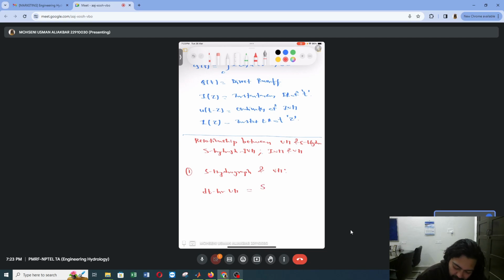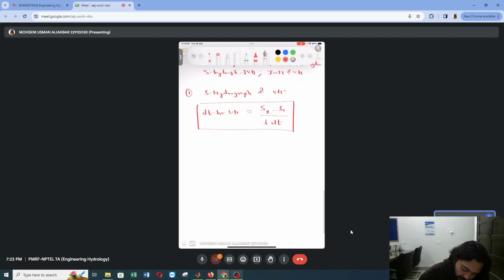We can get the S hydrograph for the first time duration, right? We call it S2 minus S1, that is the unit hydrograph. S1 is the S hydrograph when the time is 0, and S2 is when there is a time lag of t duration, divided by intensity, that is I, the effective rainfall times dt. So this relationship will give us the unit hydrograph value from the S hydrograph, right?